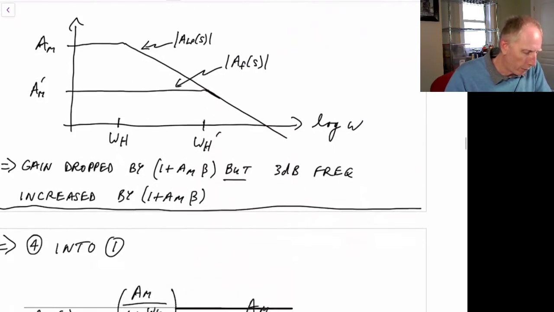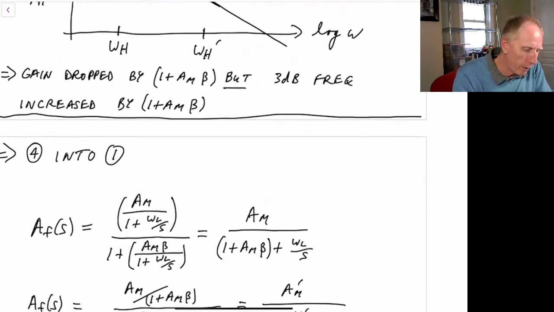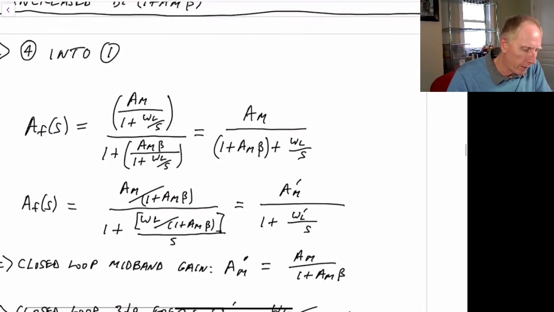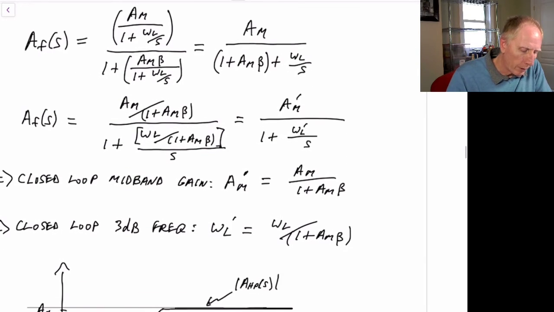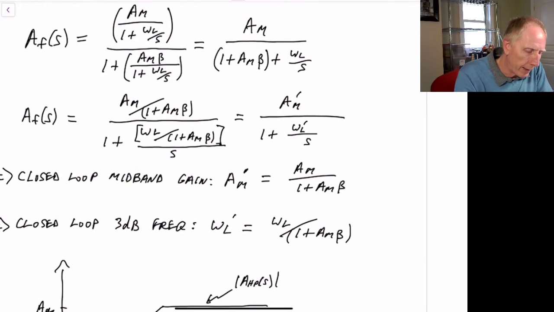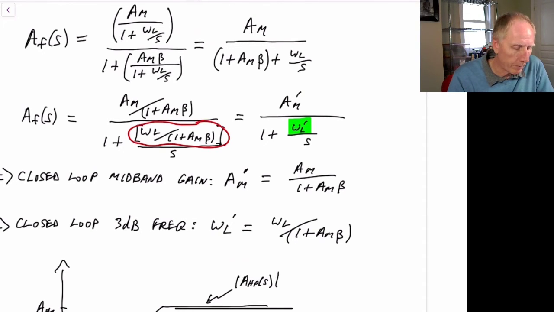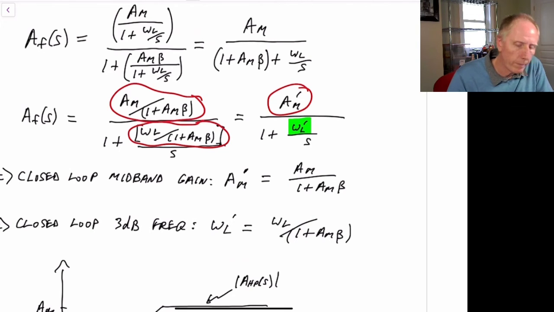So if we go through the math here, and I won't go through all this again, we're just substituting 4 into 1 now. All the equations are very similar, but the difference being that when we finally end up with it, omega L prime is now given by this equation, omega L divided by 1 plus A_m times beta, and A_m prime is the same as it was before.